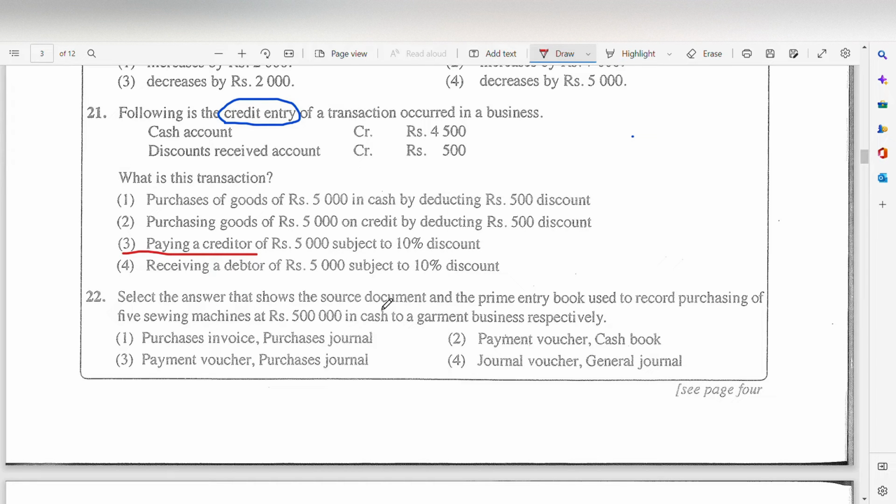But you have bought the machines and paid for them in cash. So your prime entry book should be cash book with the source document payment voucher. So answer is 2. Now in case they say on credit instead of cash, then the correct answer is answer number 4. Because it's cash, the answer is answer 2.